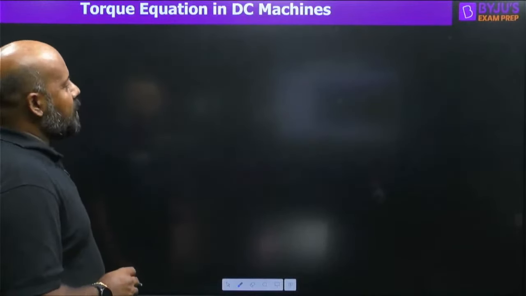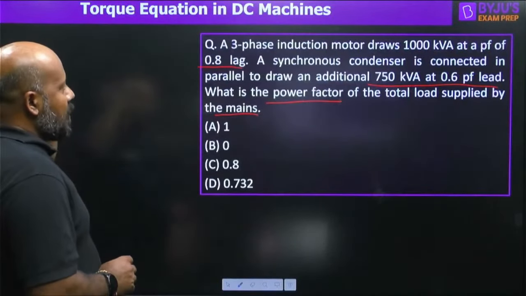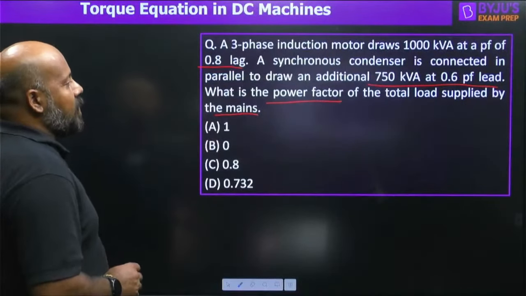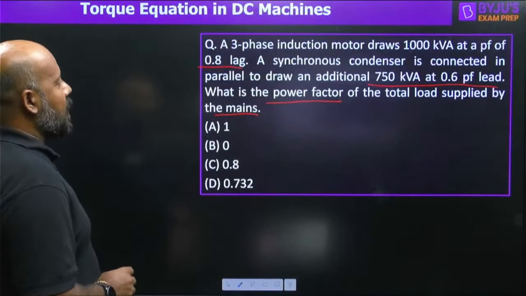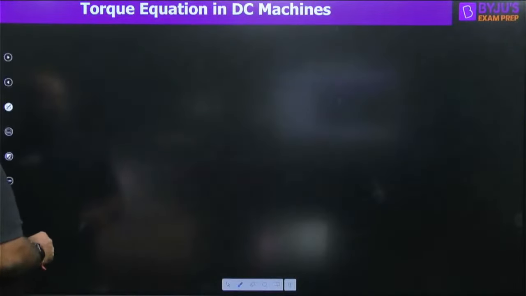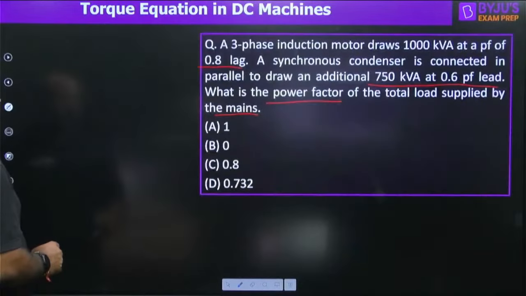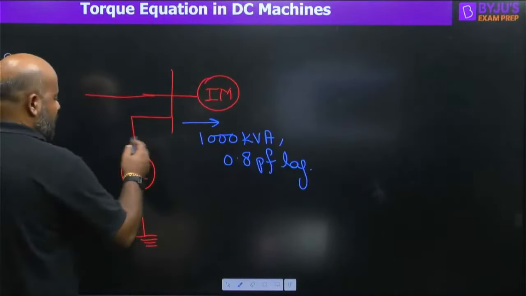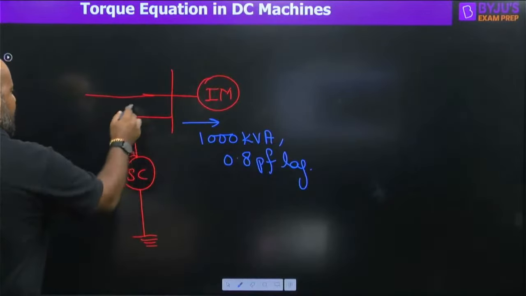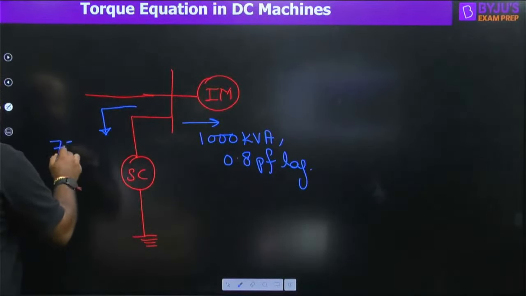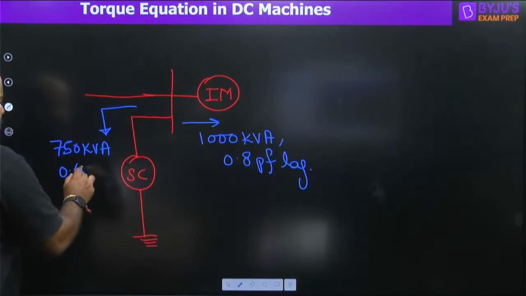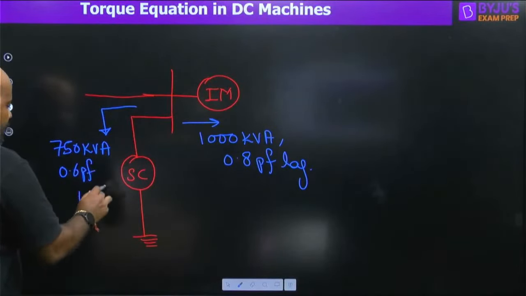About this synchronous condenser, he is saying it is connected in parallel to draw an additional 750 kVA at 0.6 power factor lead. So this synchronous condenser is taking 750 kVA at 0.6 power factor lead.